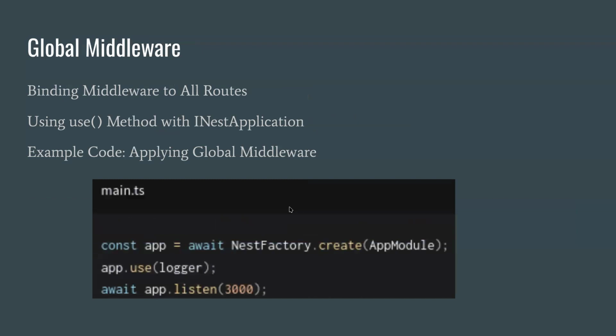Global middleware. If you want to bind middleware to every registered route at once, you can use the use method provided by the Nest application instance, and this method is called in the main application file, main.ts.